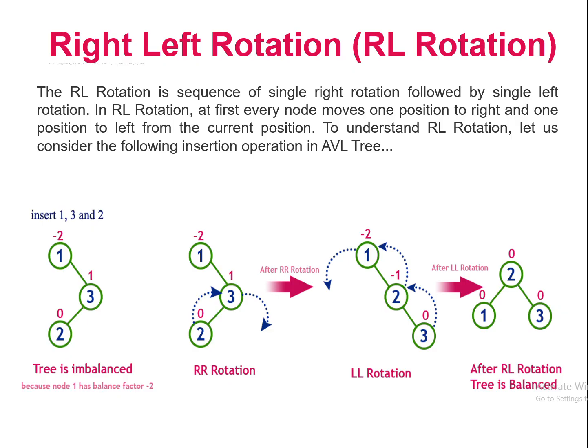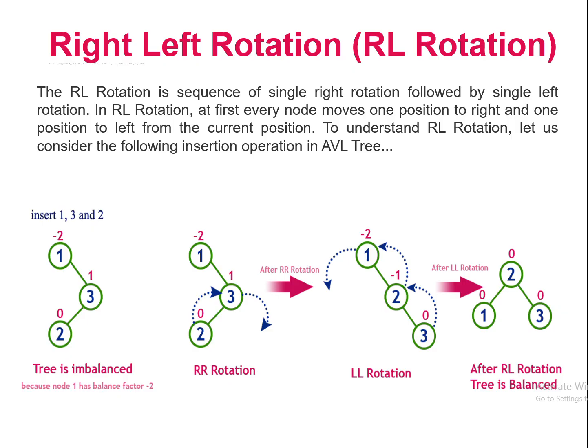The next one, 3, will be inserted. 3 is the largest element compared to 1, so 3 will be inserted to the right of 1. Again 2 will be inserted. 2 is greater than 1 and lesser than 3, so we insert 2 to the left of 3.